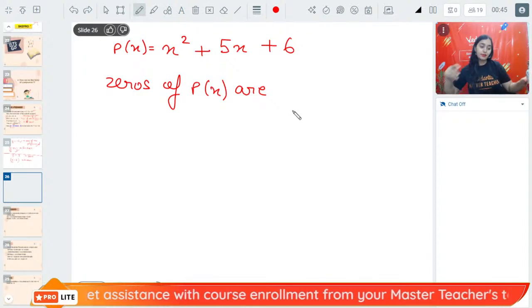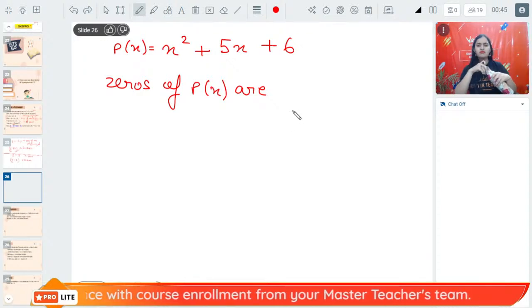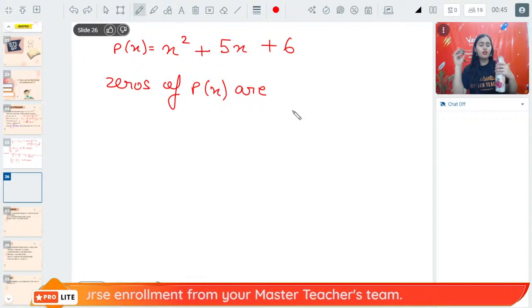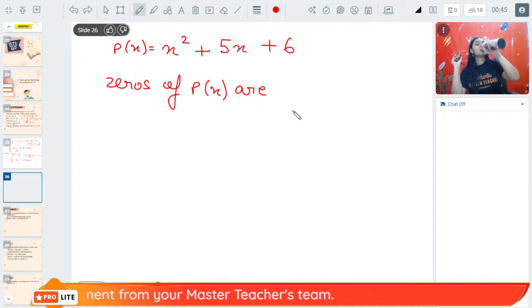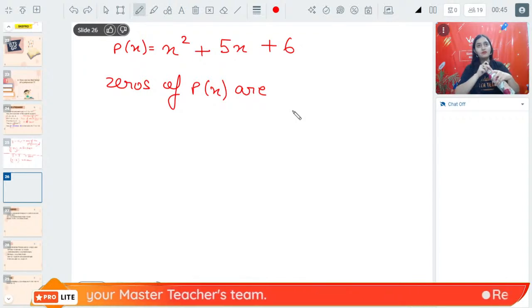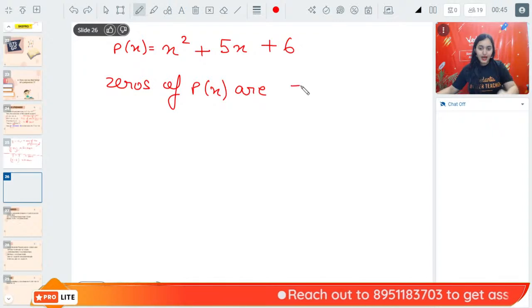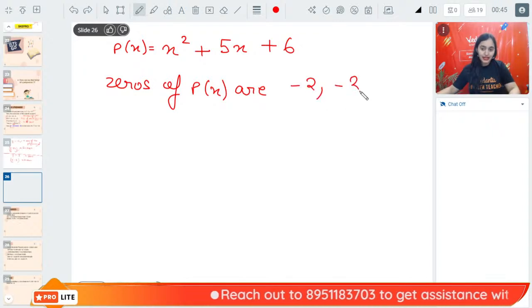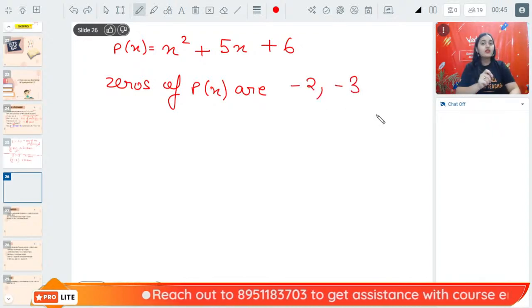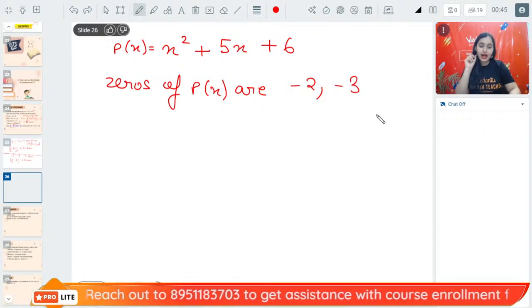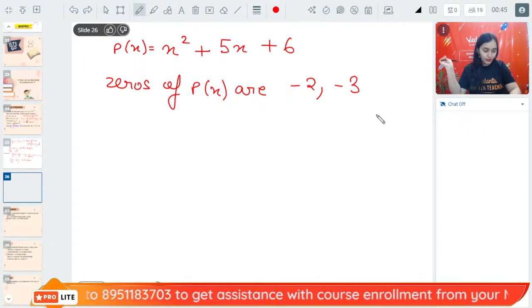Zero is not a zero of this polynomial, Adarsh. Zeros of this polynomial are minus 2 and minus 3. Minus 2 and minus 3 are the zeros of this polynomial.